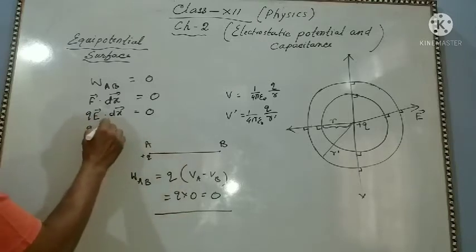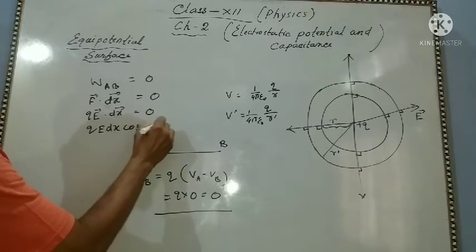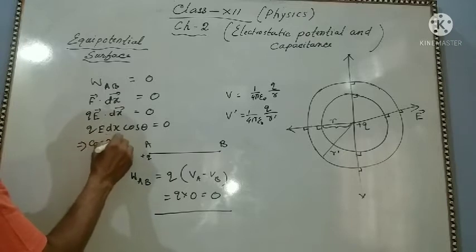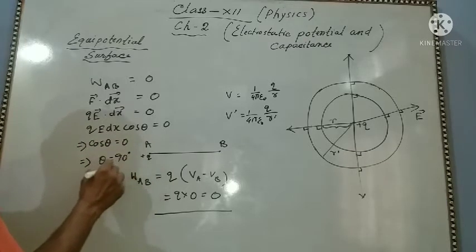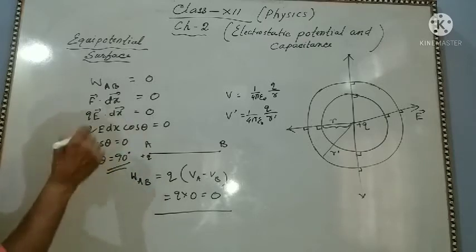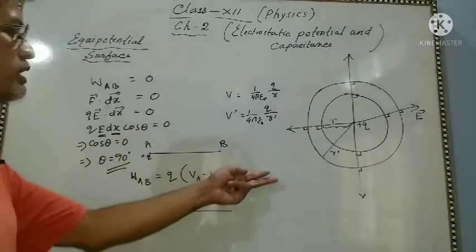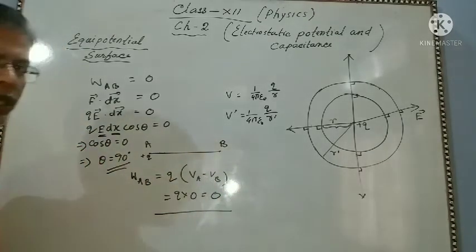So Q E dx cos theta equals 0, meaning cos theta equals 0, meaning theta equals 90 degree. So what is the angle? The angle between E and dx. Dx will be on the surface and E will be perpendicular to it. Clear?